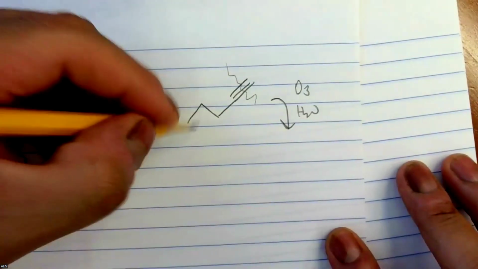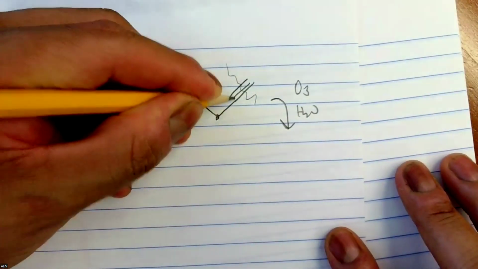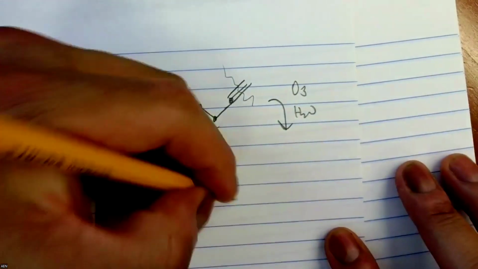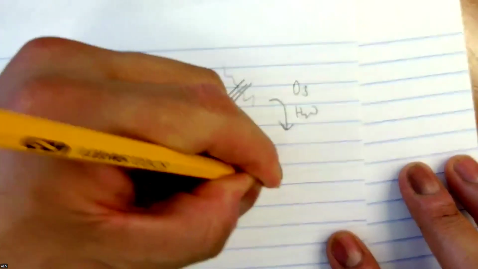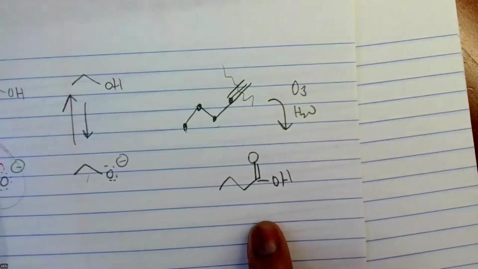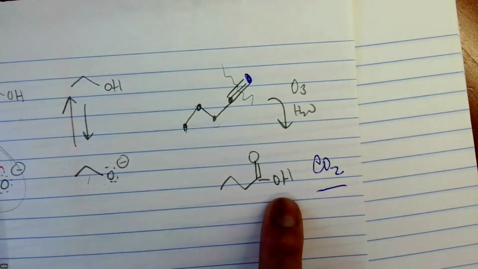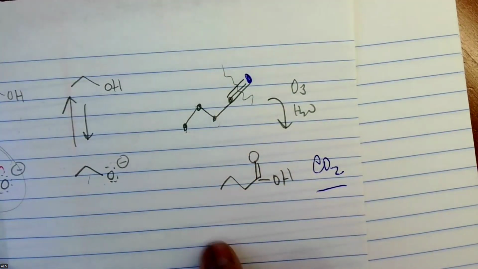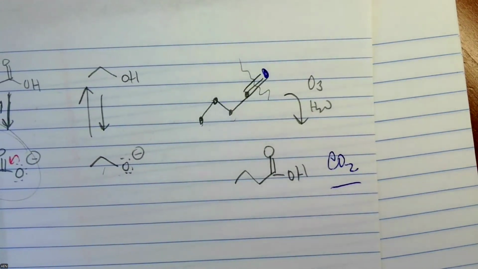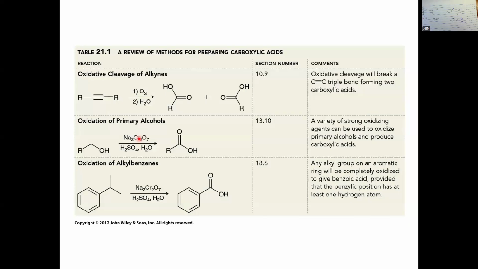This carbon base would be kept as a carboxylic acid, 1, 2, 3, 4. The number 4 will be a carboxylic acid, but that last carbon will be eliminated as CO2, okay? So that's the only difference between an internal alkyne and a terminal alkyne. The terminal alkyne will get decarboxylated. I mean, you will lose that particular carbon as CO2.